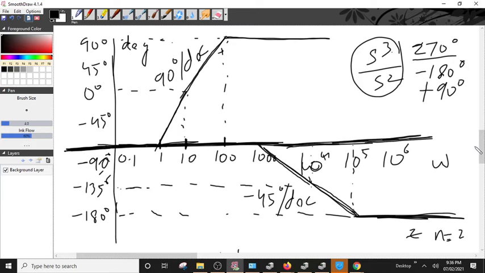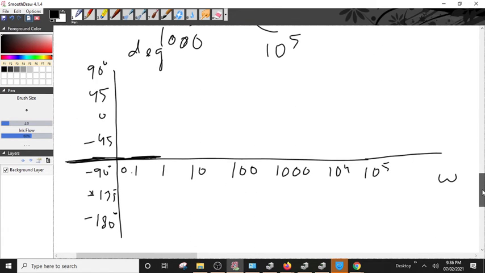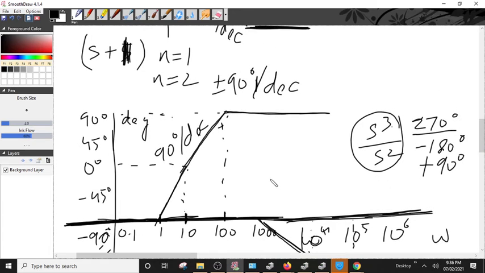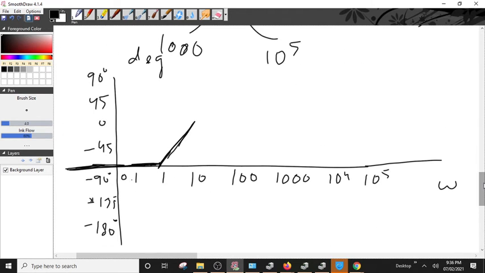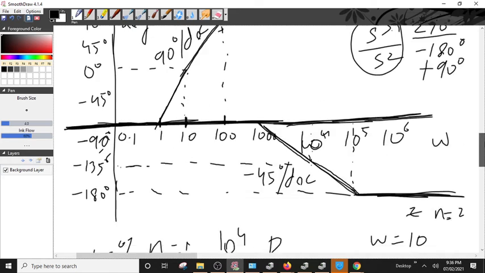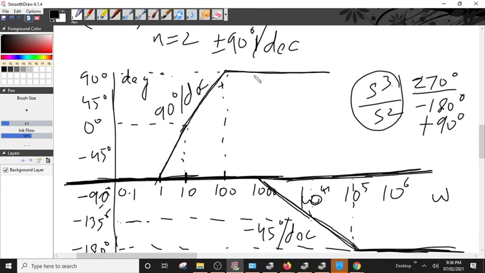From 1 to 100 we have to draw a straight line of plus 90 degree per decade, and we know that it reaches 90 when it reaches 100, and after this it flattened out, right?